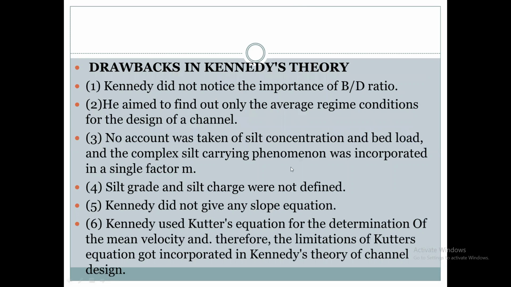Then drawbacks in the Kennedy's theory. So what are the drawbacks in Kennedy's theory? First drawback is Kennedy did not notice the importance of the B/D ratio. He has not given notice to the selection of the B/D ratio.